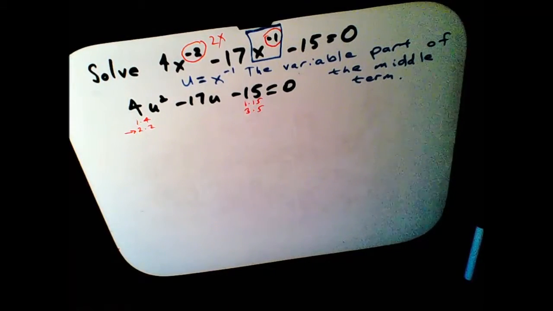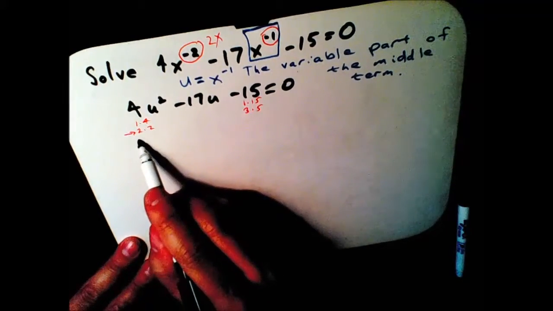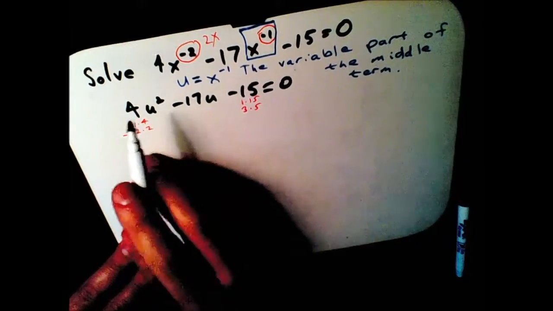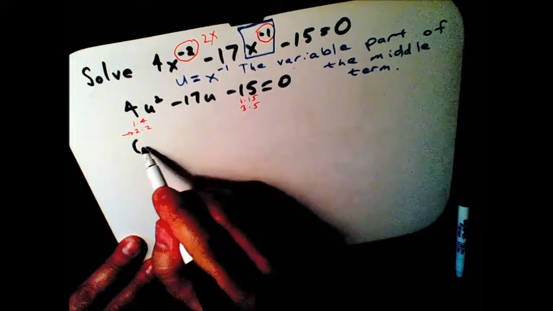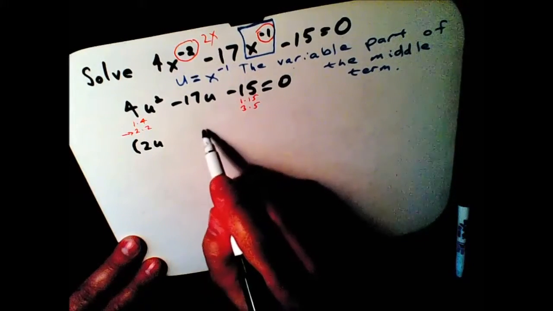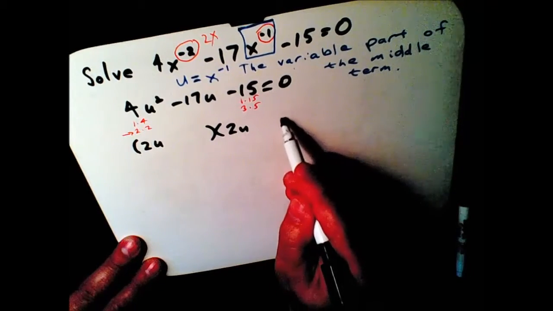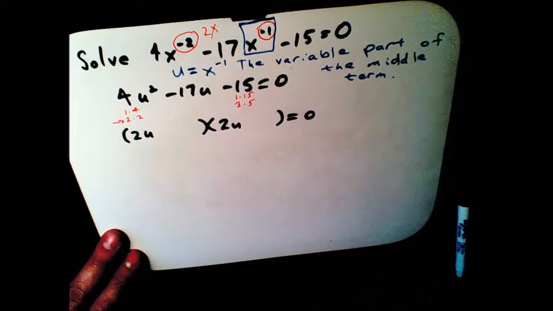So let's start with a 2u and a 2u and see how easy it turns out to be to get the right numbers and the right signs to create, upon foiling, negative 17u. So a 2u and a 2u. Can't forget that this is all still equal to 0.